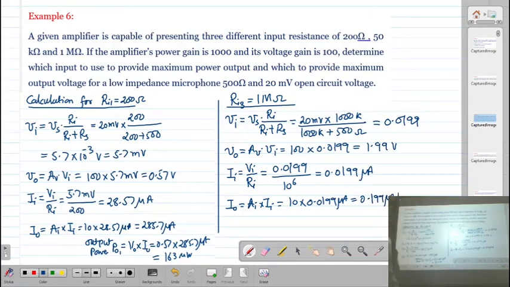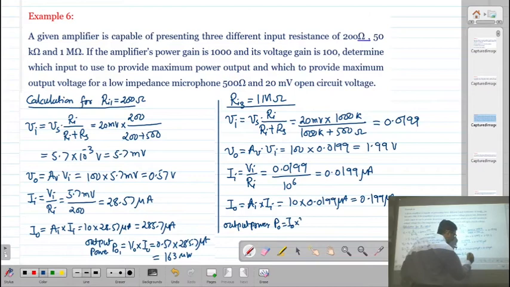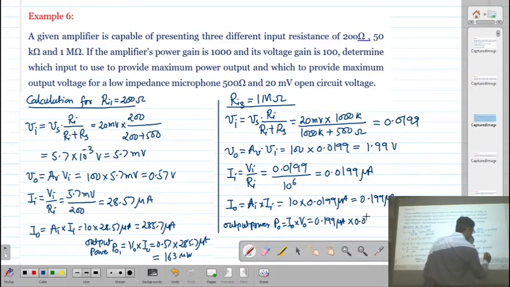Same way as we calculated for the 200 ohm, we are calculating for the 1 megaohm. So now the output power. Correct? PO = IO times VO. What is IO? It is 0.199 microampere multiplied by VO, which is 0.0199 volt.